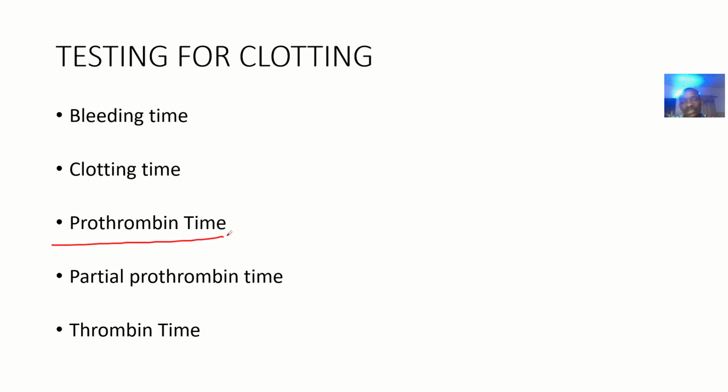Then how about thrombin time? Know that it's thrombin that acts on fibrinogen, converting it to fibrin, thereby forming all those fibrin threads that form the clot.